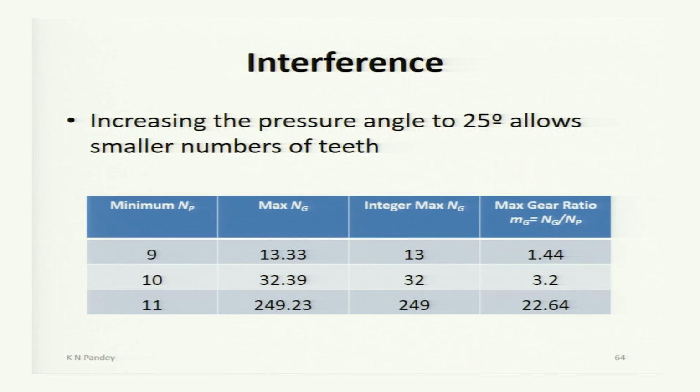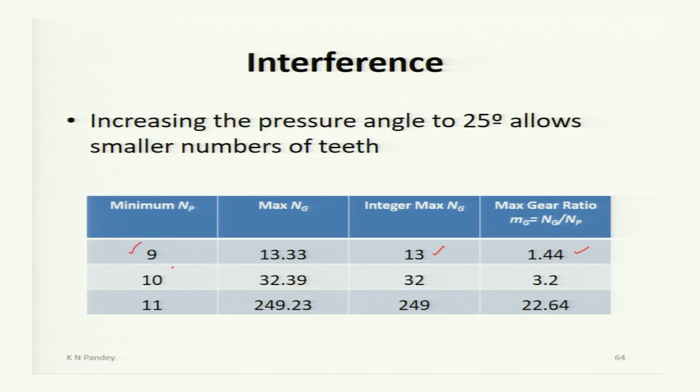Now, increasing the pressure angle to 25 degree allows a smaller number of teeth on the pinion. That means earlier the minimum number of teeth for 20 degree pressure angle was 13, but with the pressure angle 25 we can have 9 teeth on the pinion, and the maximum number of teeth on the gear may be 13, and so the maximum gear ratio may be 1.44.